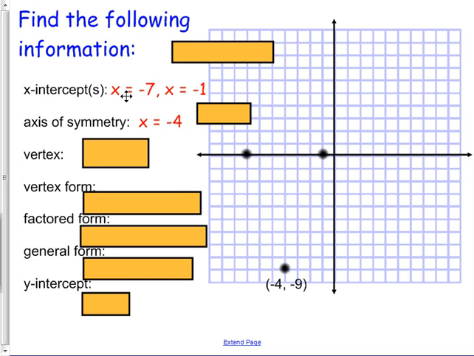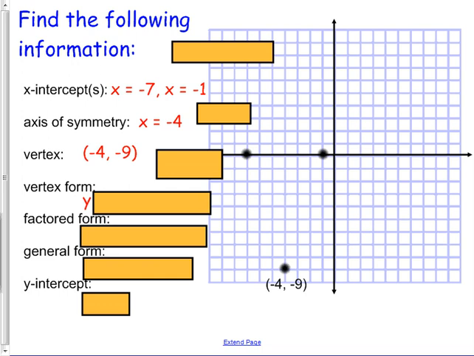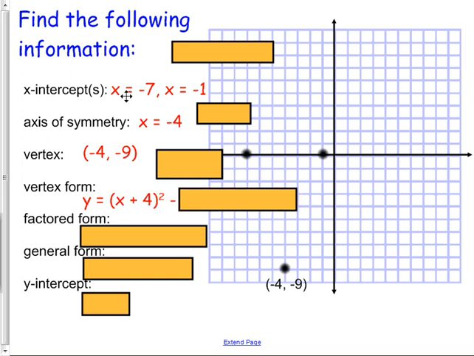The vertex, Rainey. Good. The vertex form. Let's go with Mr. T in the front row. Yep. Very good. X plus 4 quantity squared minus 9.